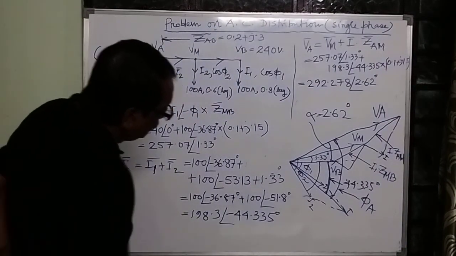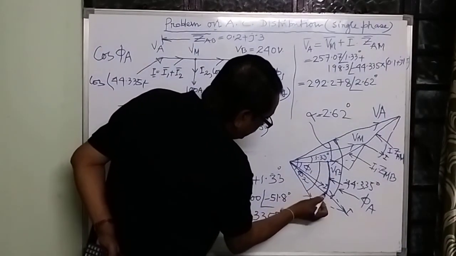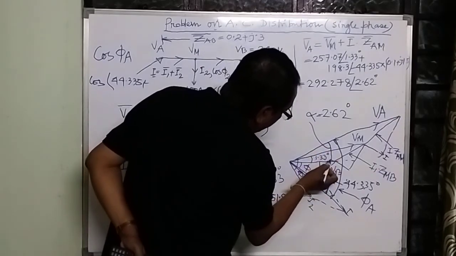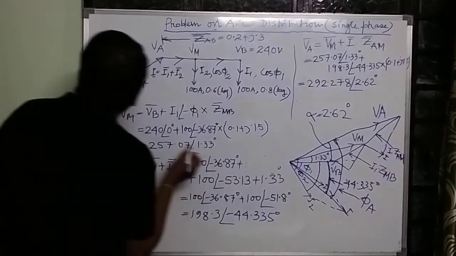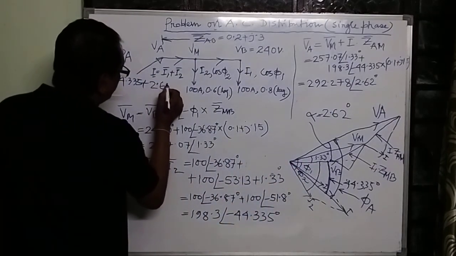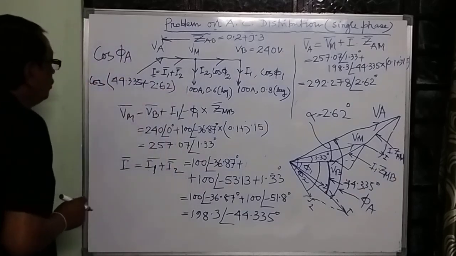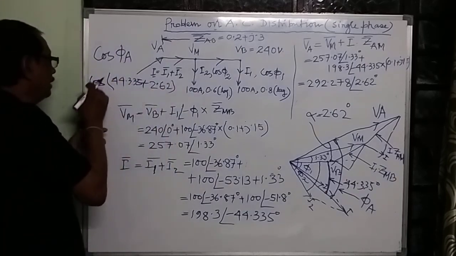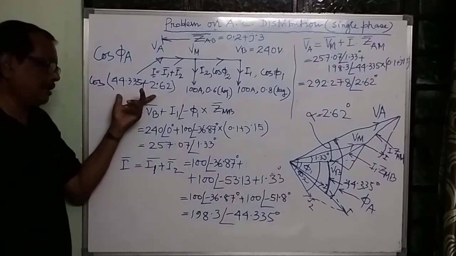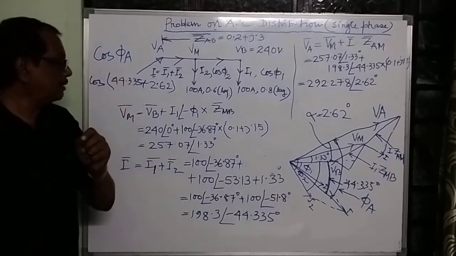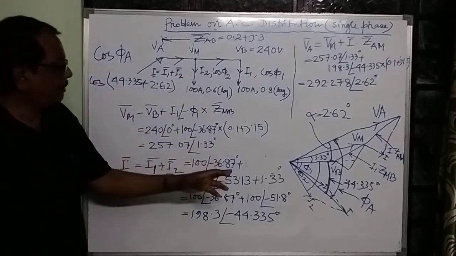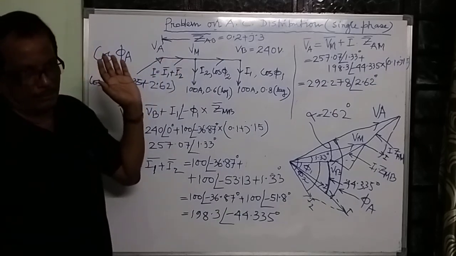If we add from this to this, the angle is 44.335 plus 2.62. By the help of the calculator, this is also lagging, we calculate the power factor at the sending end.